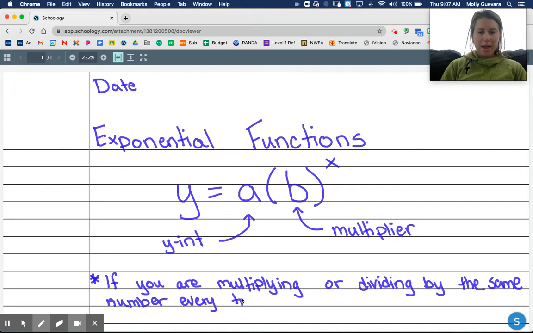What I mean by that is if you're going times 2, times 2, times 2, times 2, or divided by 4, divided by 4, divided by 4. Every single time you're multiplying by the same number or dividing by the same number, then it is an exponential function.